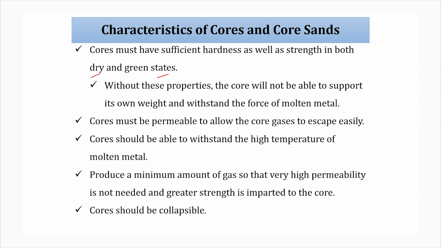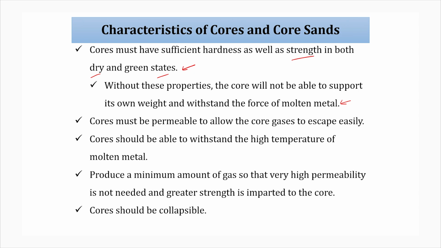During the collapse, again we will not get the hollow feature we want. So for this purpose we need hardness as well as strength in both states. Without this property, the core will not be able to support its own weight and withstand the force of molten metal. We will understand these forces in upcoming slides.